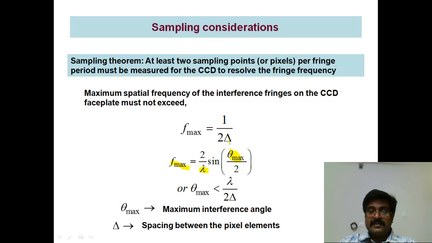Delta is the pixel pitch of the CCD sensor. Once again, Fmax is equal to 2 by lambda sine of theta max by 2. Fmax is the highest frequency fringe.